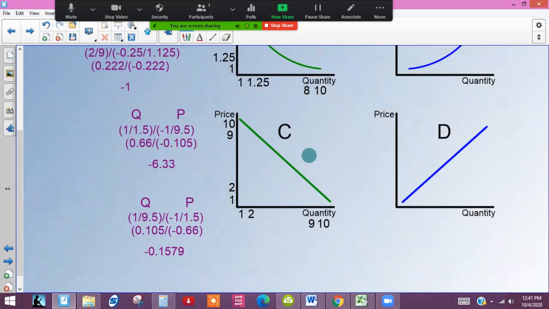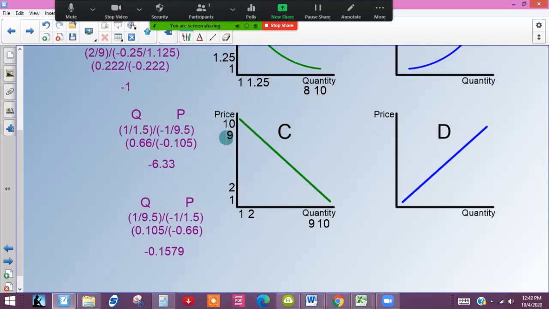It's going to be very, very elastic up here, closer to unit elastic right here, and very, very inelastic down here. Now, the short answer is when we're up here, because we're at low quantities, the percentage change going from 1 to 2 is a much higher percentage change in quantity than when we're way up here in the price going from 10 to 9.